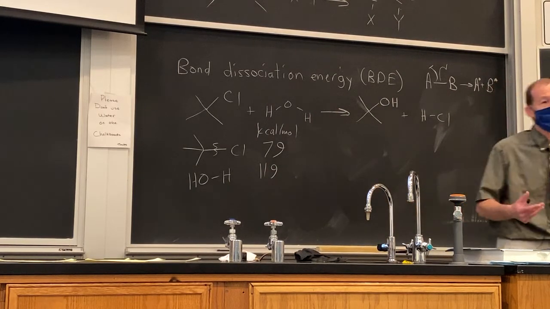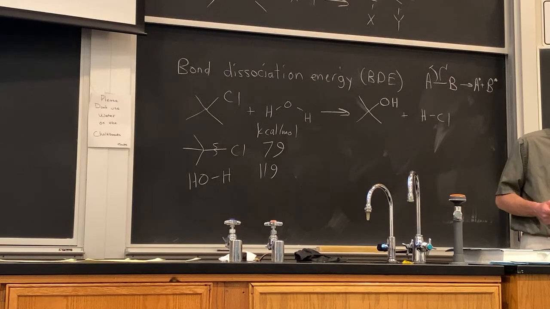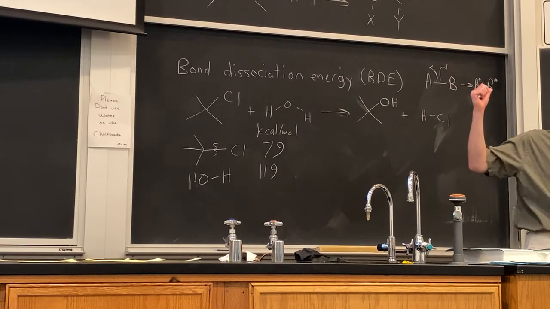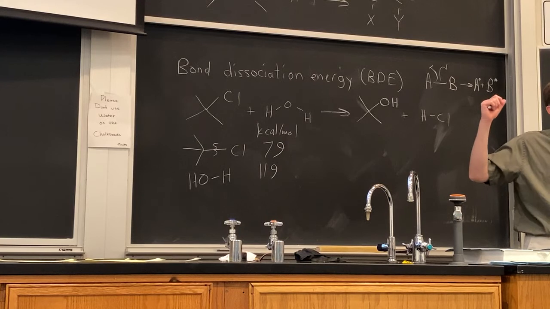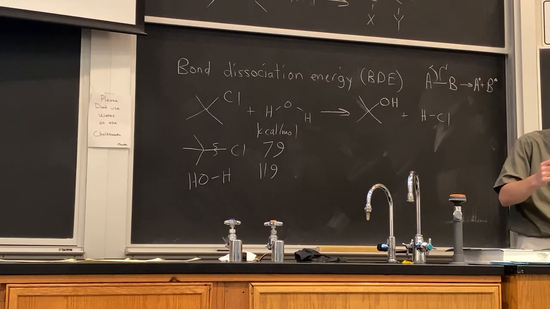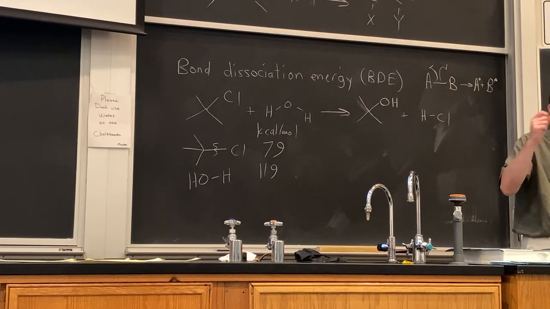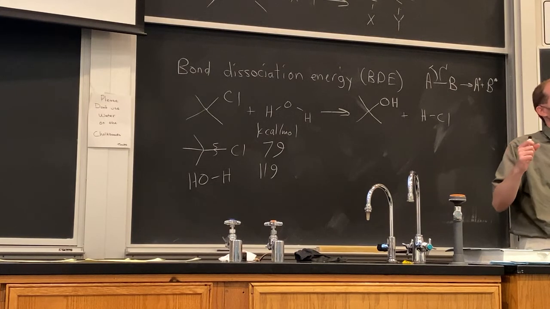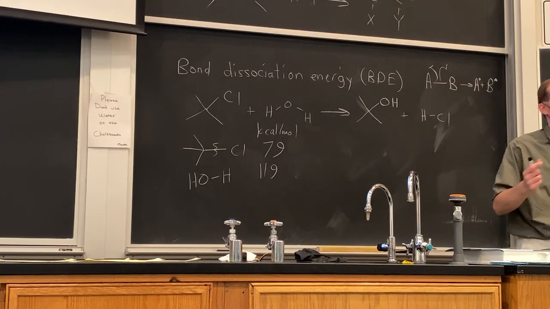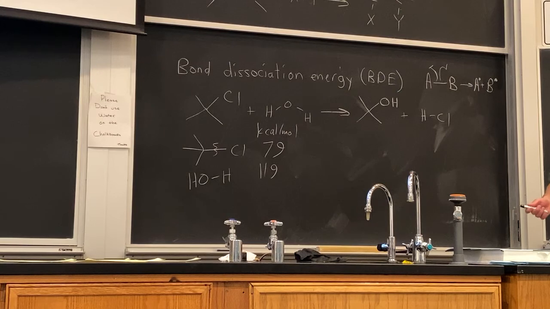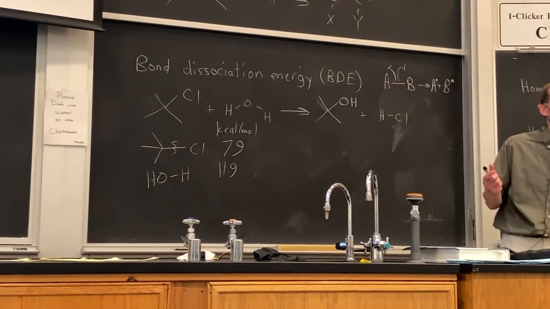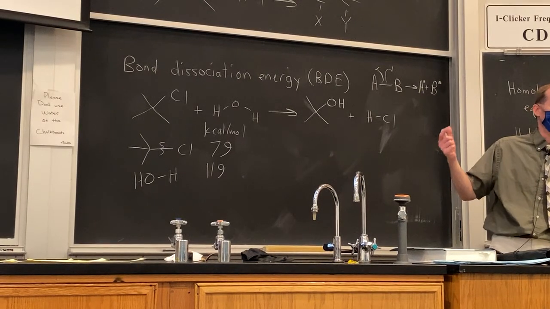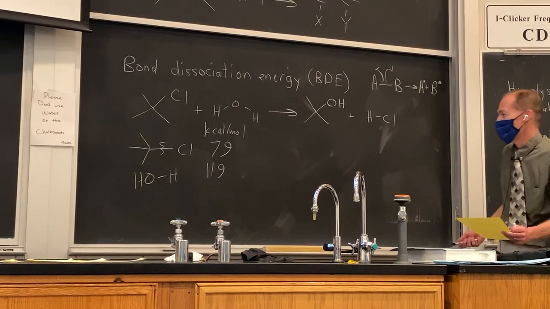It's broken all the time in acid-base reactions. Well, remember that the way we define bond dissociation energy is homolytic cleavage, where we're breaking the bond homolytically, and in an acid-base reaction, it's a heterolytic process. Okay, so that bond can be broken. We have other acids up here that have fairly strong bonds in them, but those bonds can still be broken in a heterolytic fashion fairly easily.